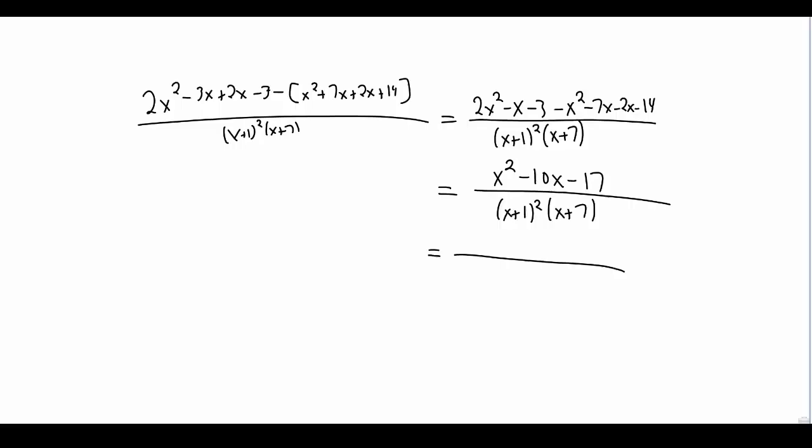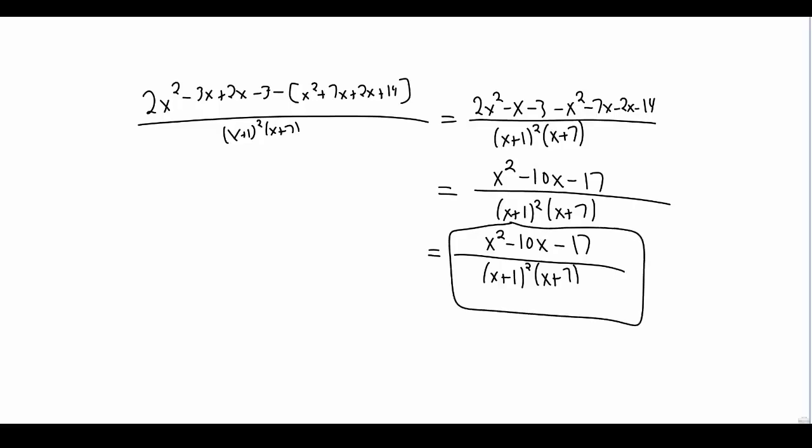We're going to find two numbers whose product is minus 17 and whose sum is minus 10. Can't find a pair of integers like that. So it is prime. No common factors exist, and this is our final answer. It's in factored form as they wanted, and it's completely simplified.